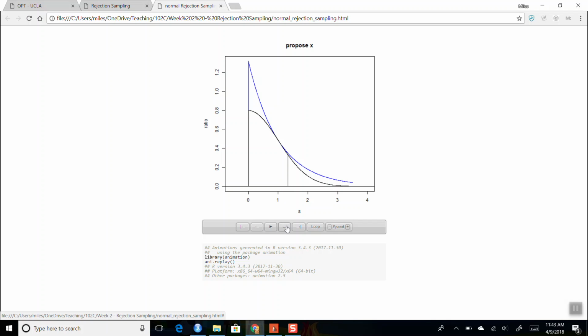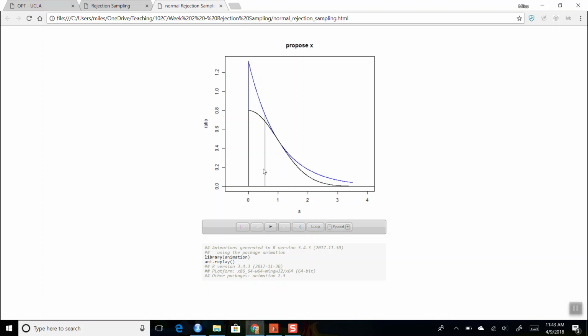And then again, we're going to sample a value. This shouldn't say ratio anymore. A value between 0 and 1. And so now a 1 means the value is at the top, at the blue line, okay? And so we get something, I don't know, this looks like 40% of the way up to the blue line. So it'll be there. It's under the curve, so we will accept it, okay?